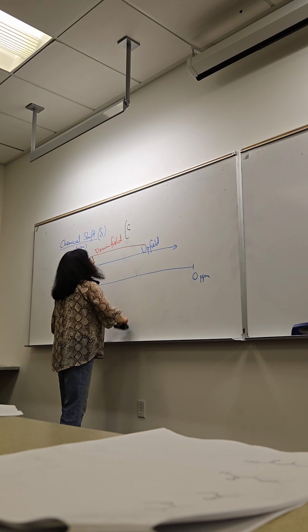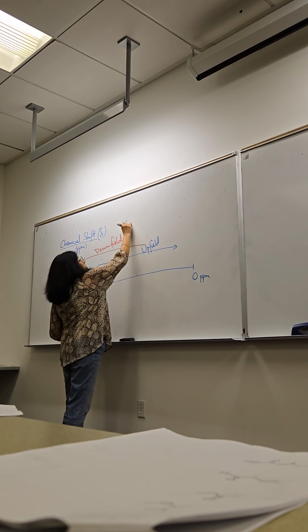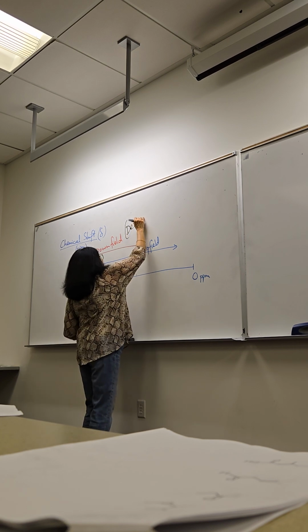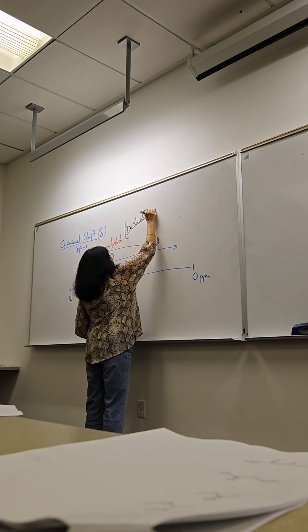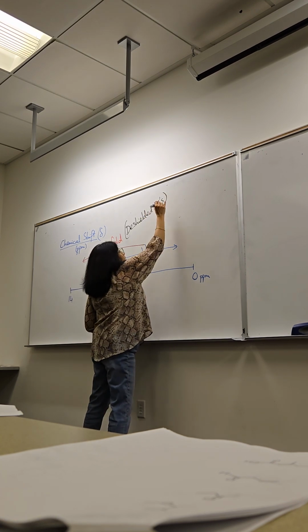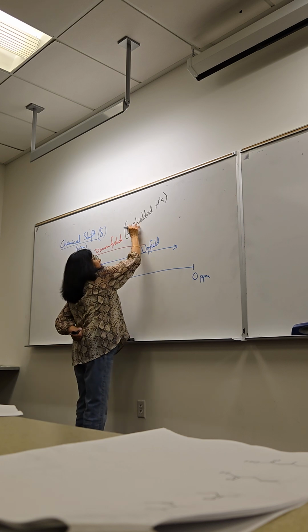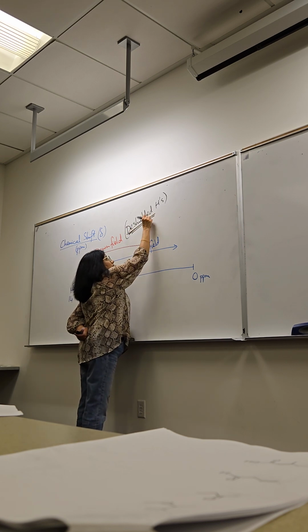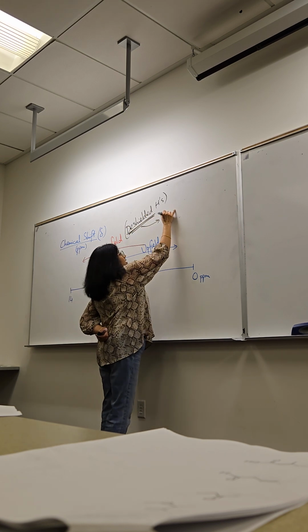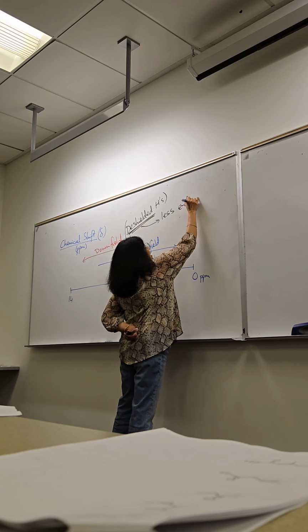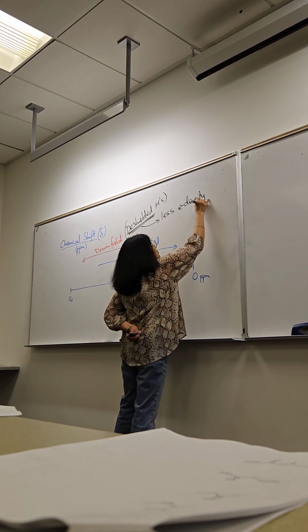Another way, and these are also comparative terms: the more downfield the signal is, the more de-shielded the hydrogens are, meaning they have less electron density around them. So this is where electrons come up.